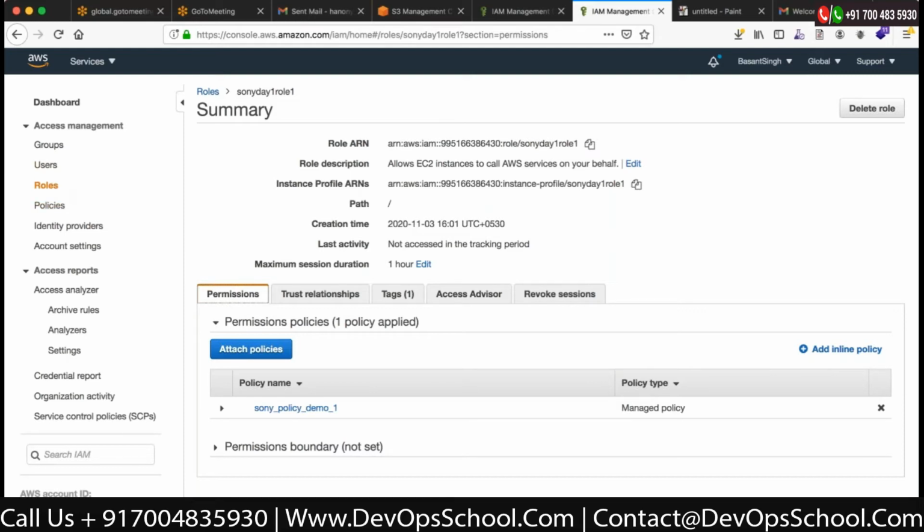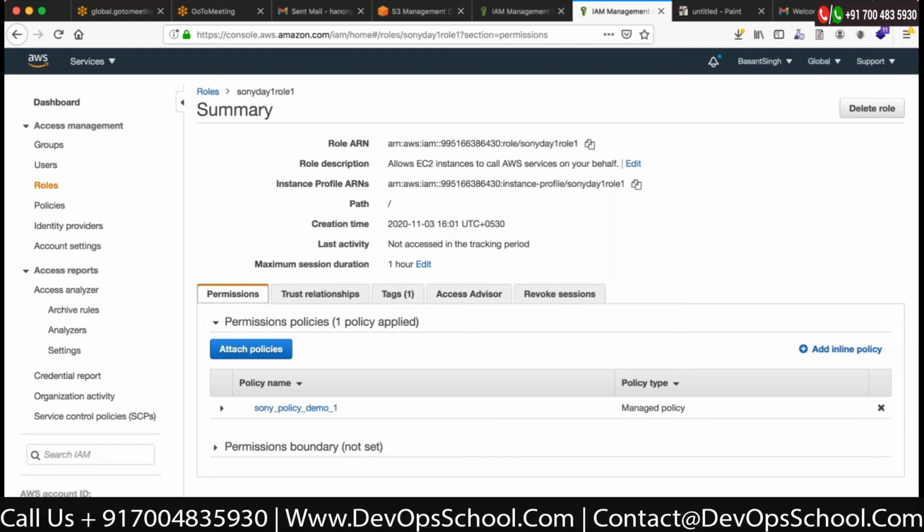If Kanan has to perform something on my account, I'm not going to create a different user for Kanan and say, hey, I have created a user for you, you do whatever actions you want. No, I'm going to give Kanan a role saying this particular role has particular actions. Assume this and perform your actions.